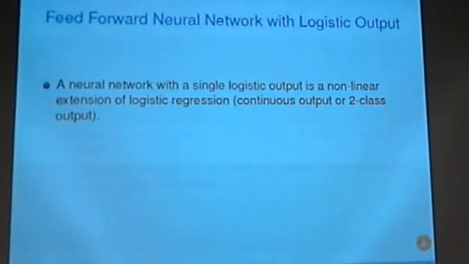A neural network with a single logistic output is a nonlinear extension of logistic regression. The output is either continuous, that is, the response is continuous, or a 2 class output.